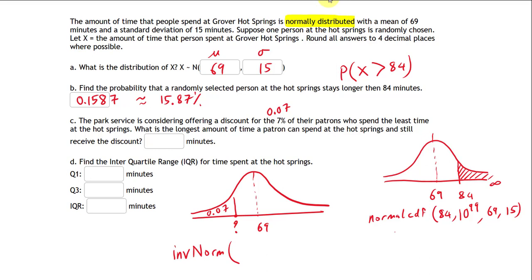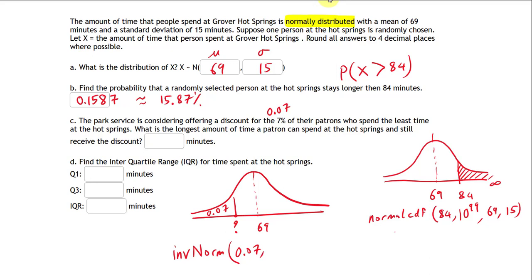So what inputs do we put here? Normally for the inverse norm, we take the area on the left side of the question mark. So whatever the value that I'm looking for here, I need to input all the area on the left side of that location, which is 0.07.